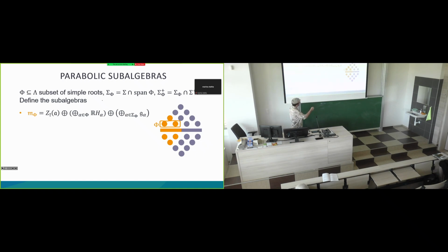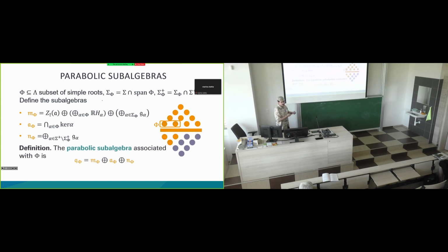Then we take a_Φ to be the part of A that we are not considering in this previous algebra, and then n_Φ to be the remaining positive root spaces. The sum of these three things turns out to be a subalgebra, which is what we call the parabolic subalgebra associated with this set of simple roots. And of course, since we have that AN is inside of this parabolic subalgebra, it acts transitively on our space.